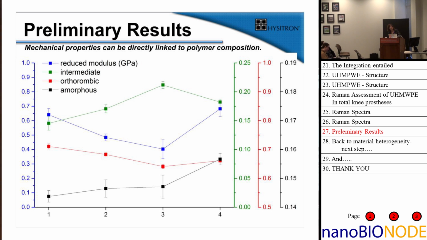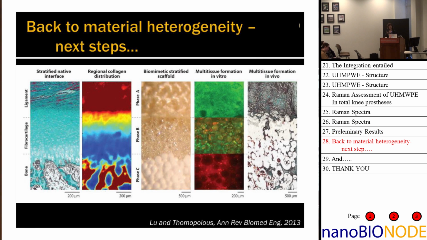And so some of the types of materials that I'd like to look at, this is a bone to ligament interface published by Helen Liu and Steve Thomopoulos, where they've done histology to show the true interface. This is FTIR, which is similar to Raman spectroscopy, of that same interface.